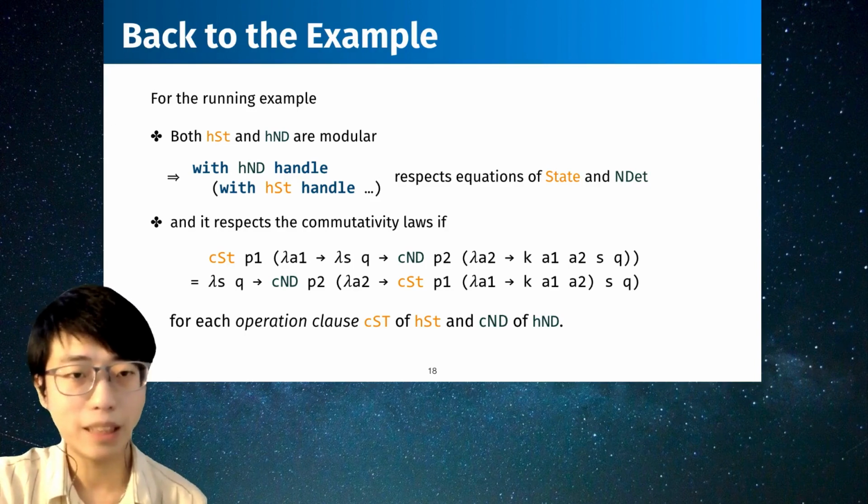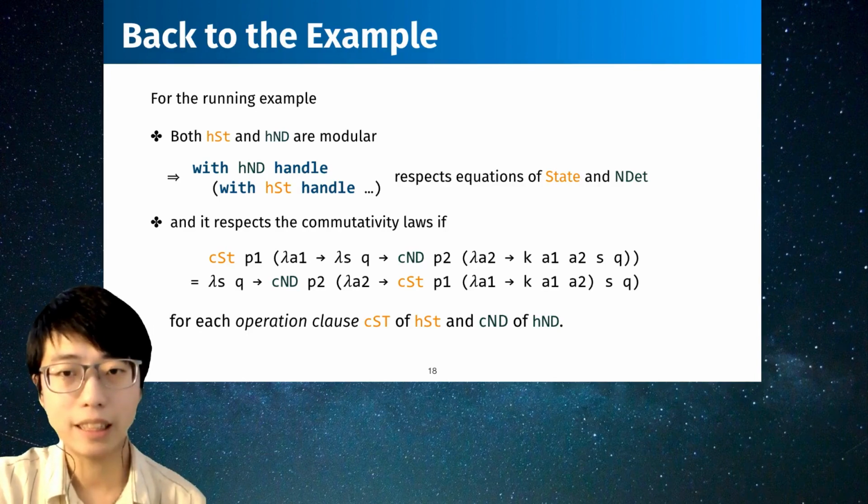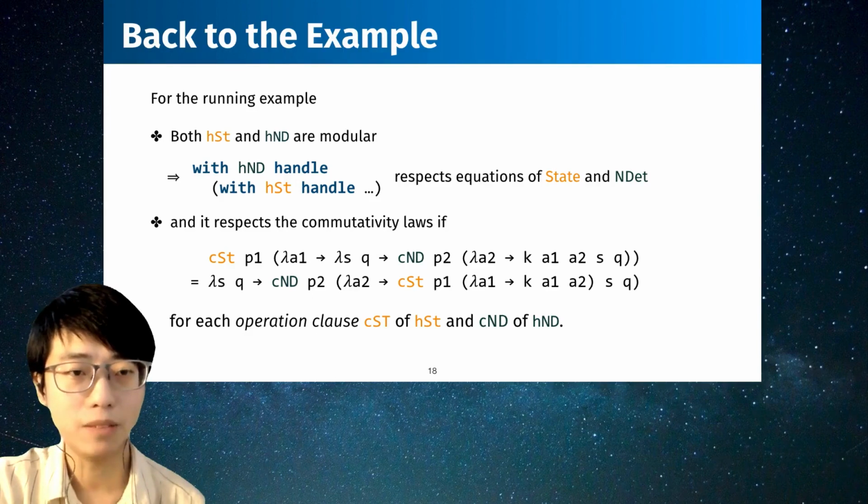And the result in this paper tells us for the composite handler to respect the commutativity equations of stateful and non-deterministic operations, it is sufficient to show this equality holds for each operation of state and non-determinism.